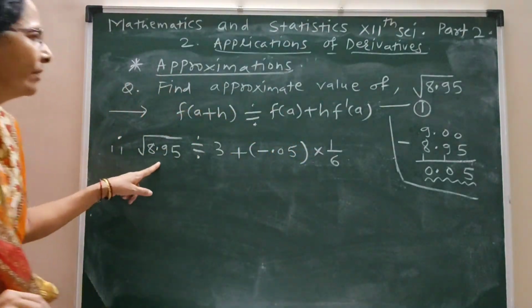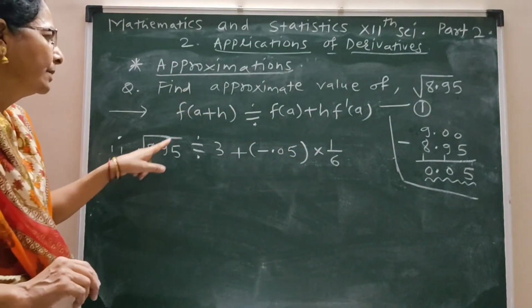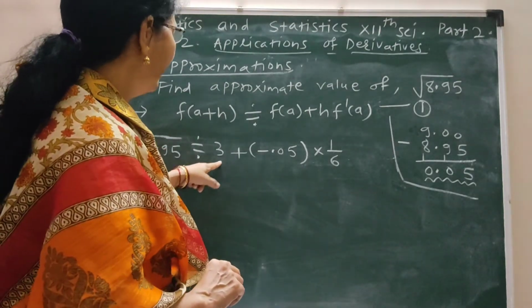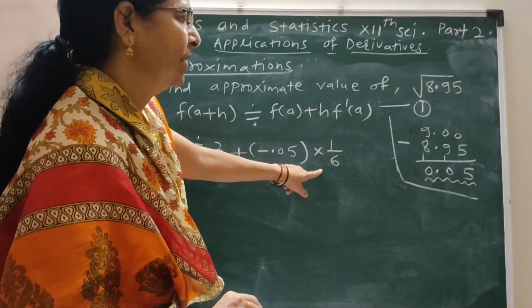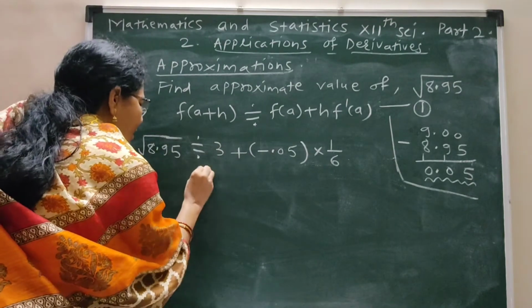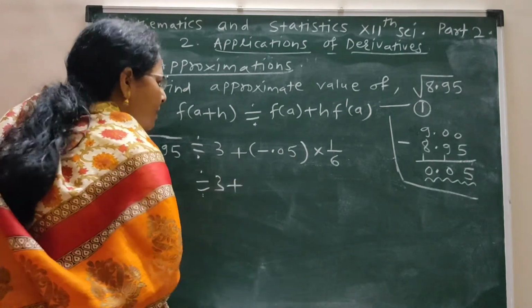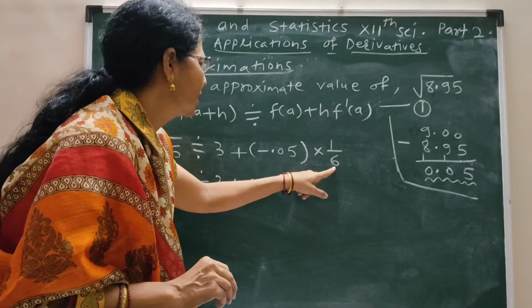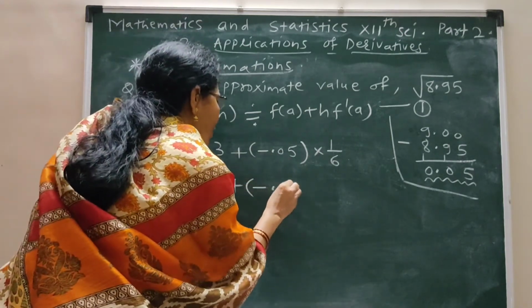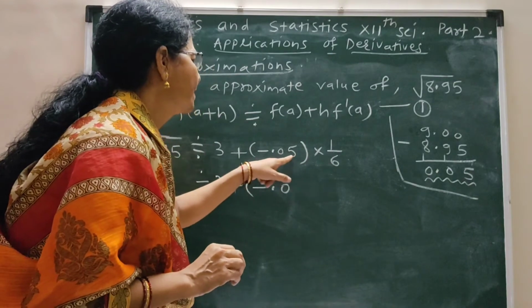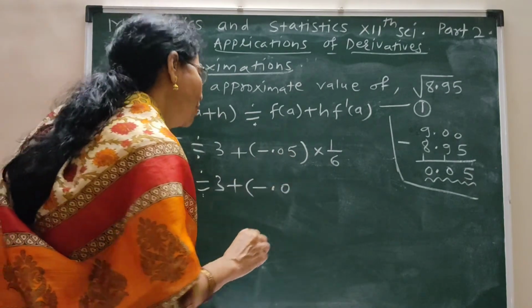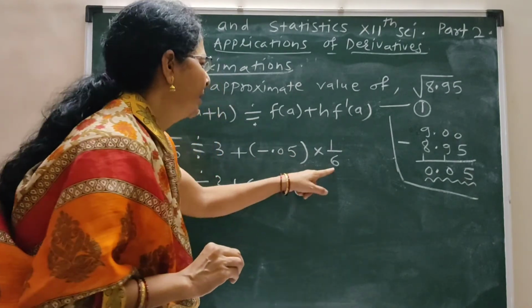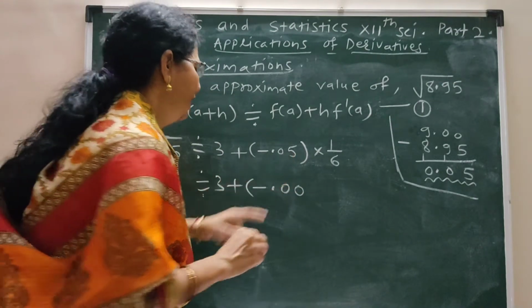So write the direct value we require: nearly equal to 3 plus, now here it is minus, 0.05 divided by 6, which is 0.008.